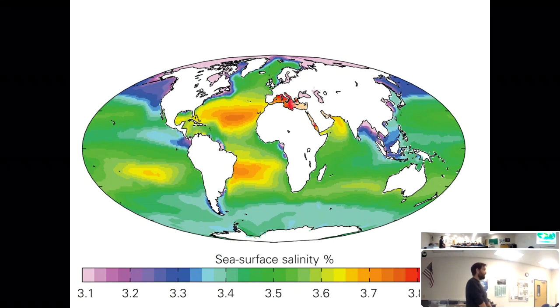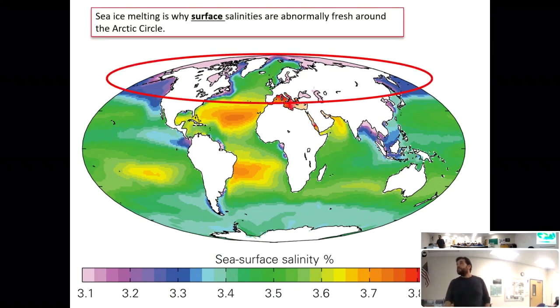They are the saltiest waters in the whole ocean. They're absolutely saturated with salt, because it sinks right down to the bottom. So that leaves the polar regions relatively fresher. So sea ice melting is why surface salinities are abnormally fresh in the Arctic Circle.